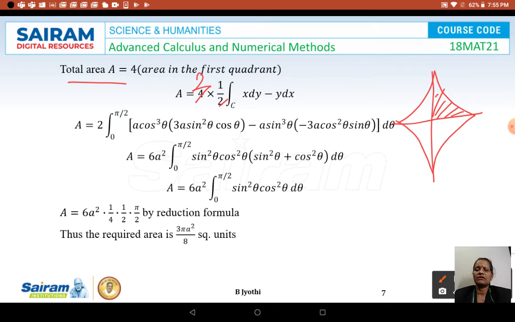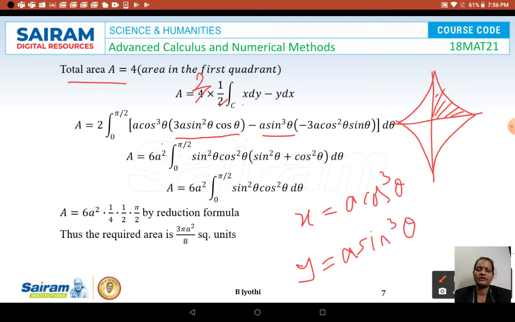x into dy, if we take, x is a cos cube theta and dy will be 3a sin square theta cos theta, minus y, where y is a sin cube theta. I'll just write it down here. x was a cos cube theta and y was a sin cube theta.